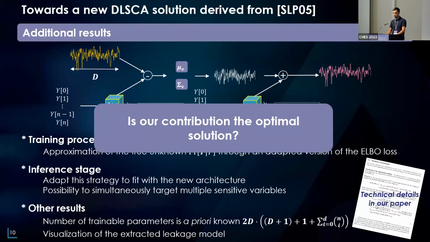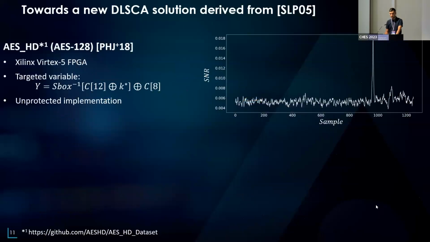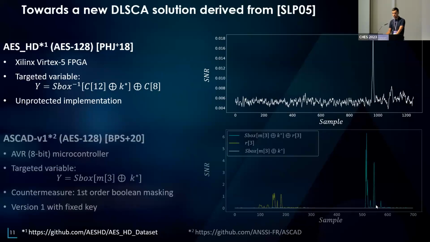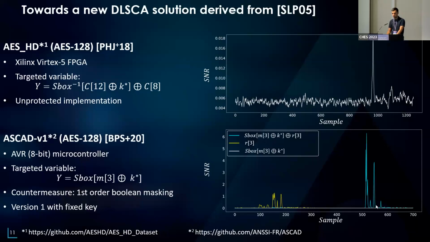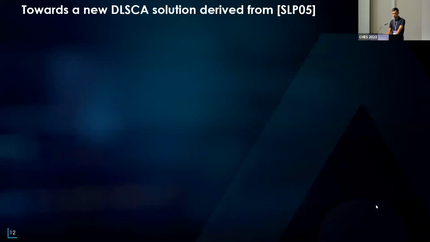The results I would like to introduce here are those we obtain on the AES_HD dataset, which is an unprotected AES 128, and the well-known ASCAD dataset, which is also an implementation of AES 128, but here we have also a first-order Boolean masking. The results we obtain on each of both datasets can be observed here.